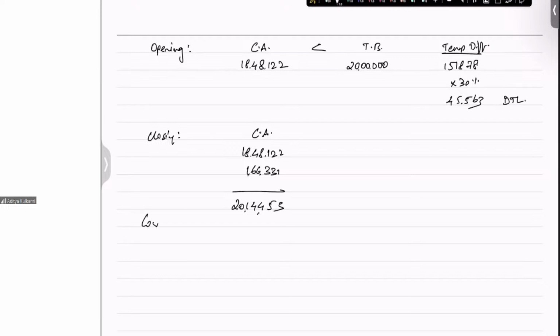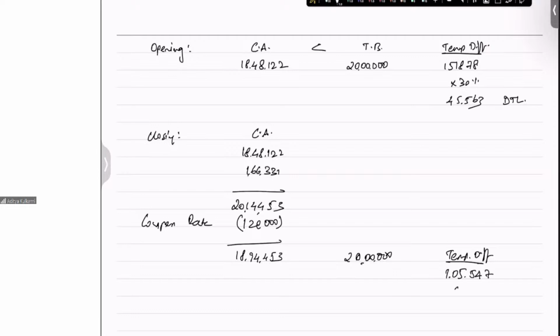But sir, you are paying something? Yes, I am paying the coupon rate, that is 1,20,000. So minus 1,20,000. End of year 1, this is 18,94,453. But what is the tax base balance end of year 1? Same, 20 lakhs. So what is your temporary difference now? It is 1,05,547 into 30%.